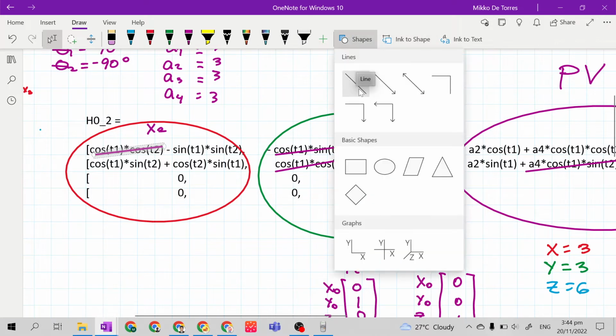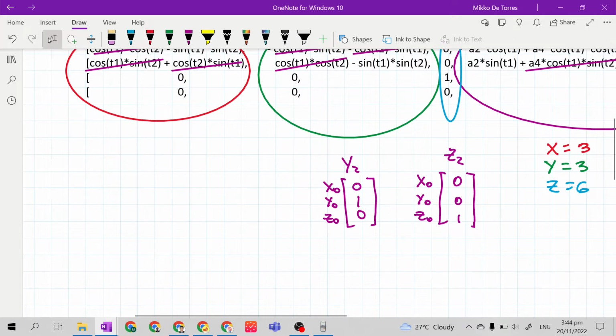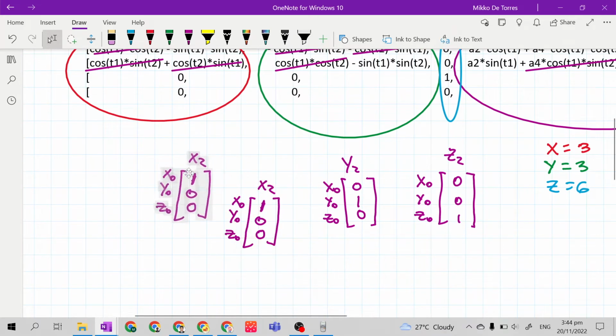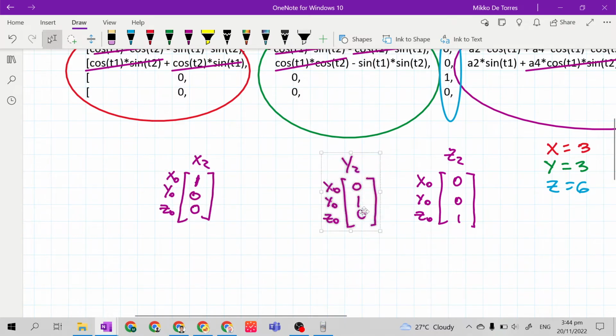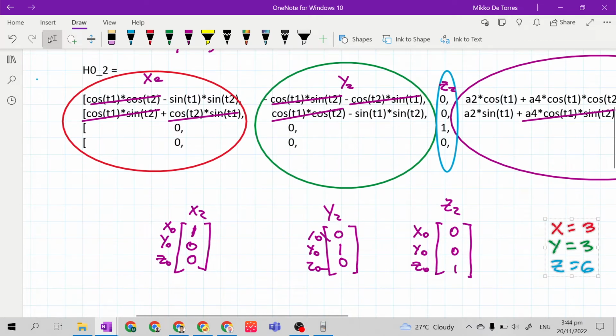Next, cosine 90 is 0, cosine 90 again is 0, so 0 plus 0 is 0. If we put it in a vector, the x column will look like this. So these are your values from your homogeneous transformation matrix.